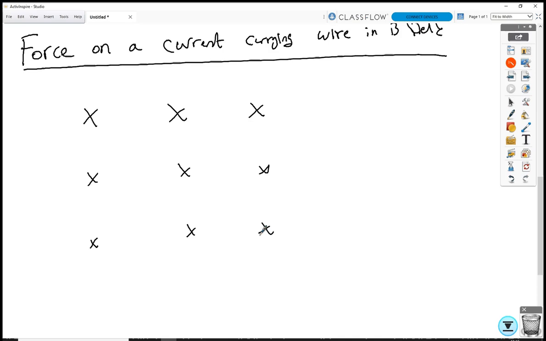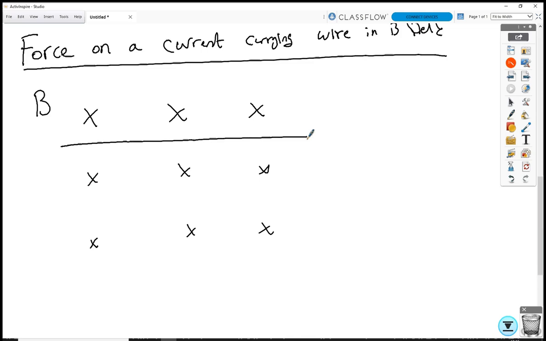So this is our B field. We'll give it some flux density called B. Now flux density is like the field strength. In fact, it is field strength. So we call it the magnetic flux density. How dense these field lines are. The more dense they are, the stronger the field is.